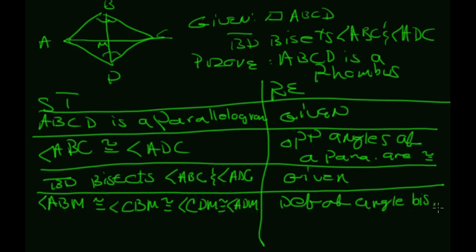So the definition of an angle bisector is it cuts it in equal parts. If the two angles are congruent, then all the parts have to be equal. All right, so what do I got here? I've got these angles all being congruent.